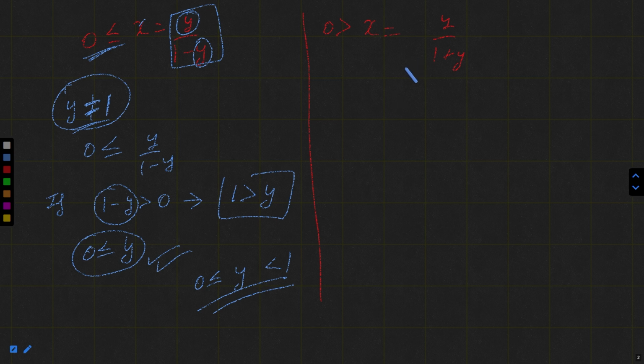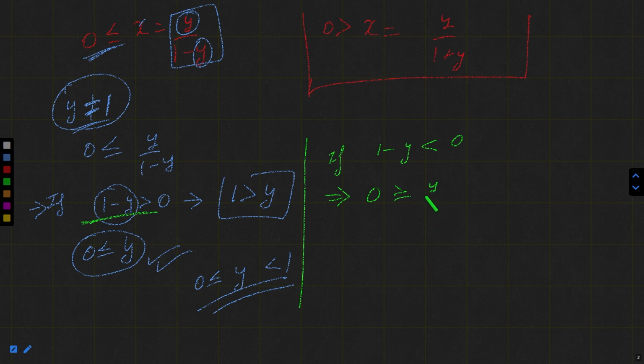Now from here what can you say? Just ignore this for a short period of time. This happens when we assume that 1 minus y is greater than 0. What if we assume 1 minus y is negative? Then cross multiplying, the sign gets changed, and y must be negative.